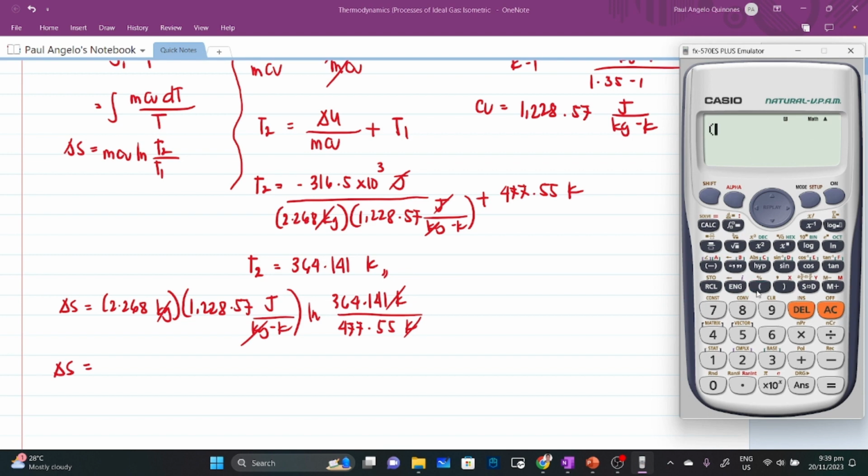So this is 2.268 times 1228.57 times the natural logarithm of 364.141 over 477.55.